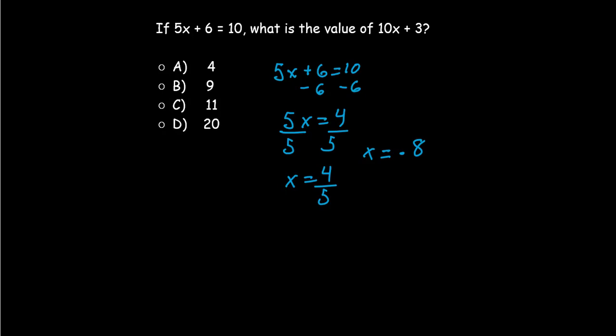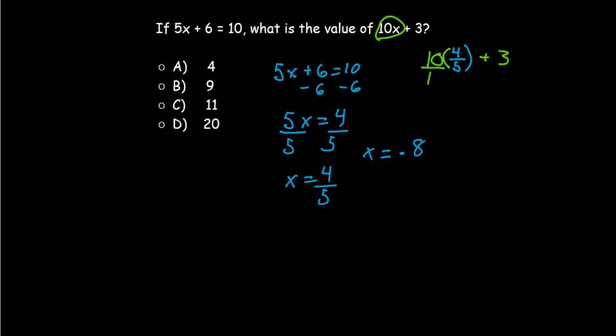Now that we know x is 4/5, we plug it in for the value of x. So this is 10 times 4/5, plus 3. If we're multiplying these two, we can consider 10 as 10 over 1.